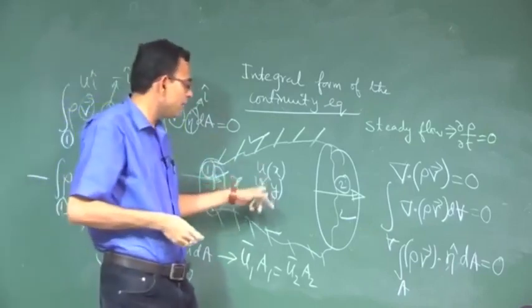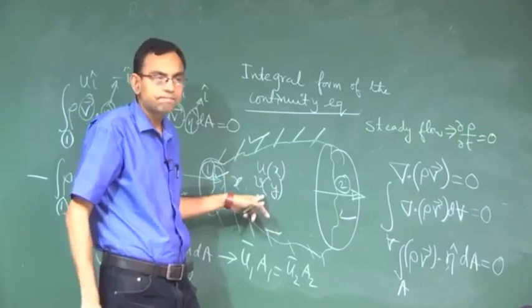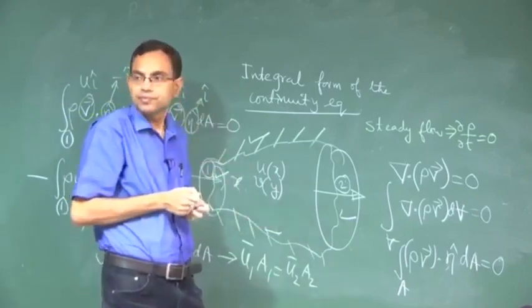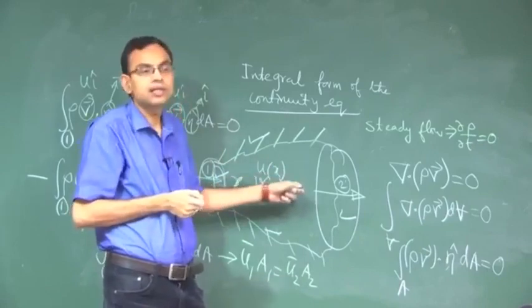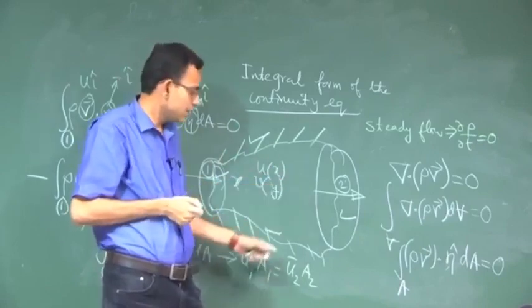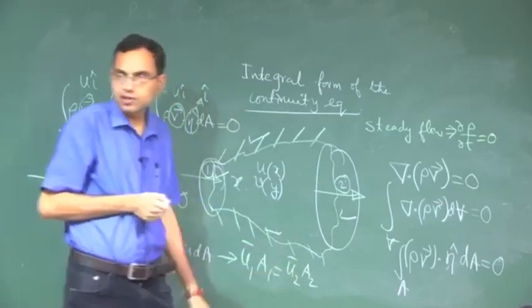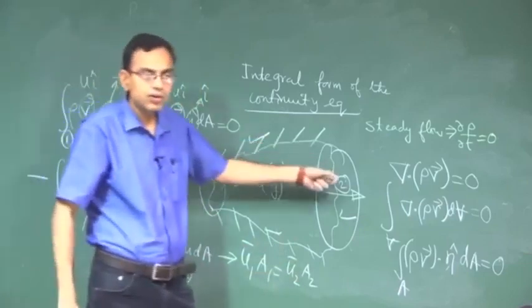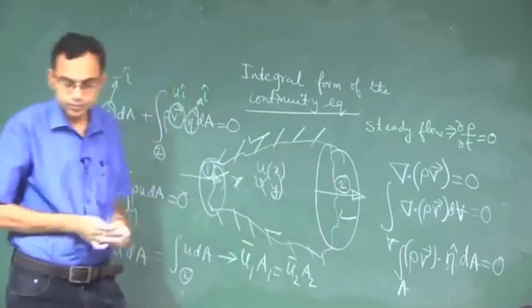With u and v both present, you will have a 2-dimensional flow structure. So inside the flow is not unidirectional, still this simple formula works. The only restriction is unidirectional flow at inlet and outlet, and rho is constant.